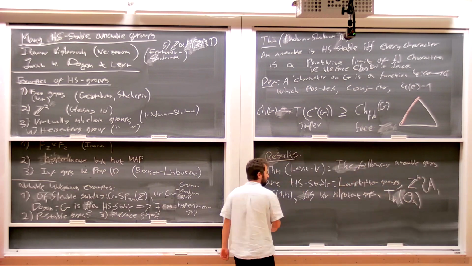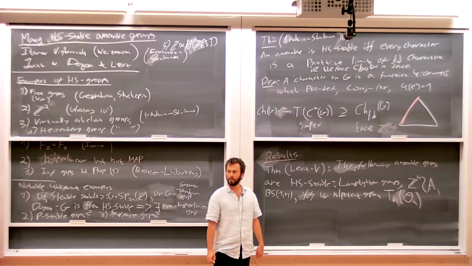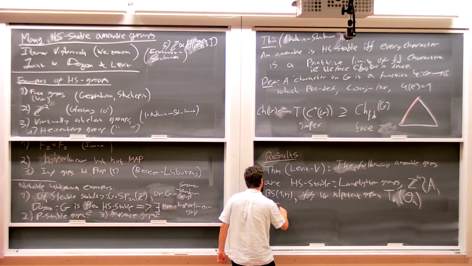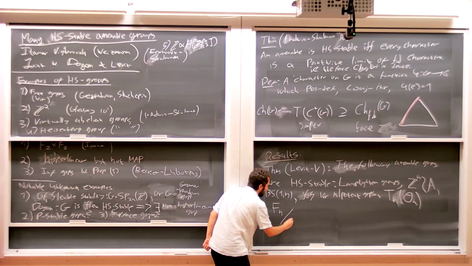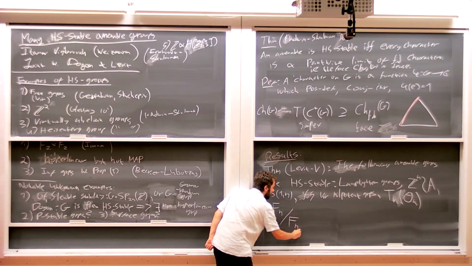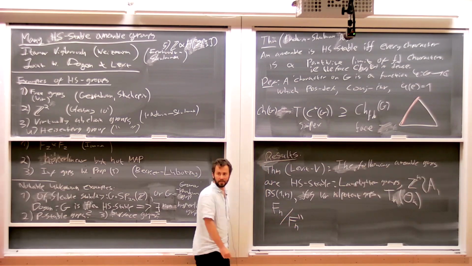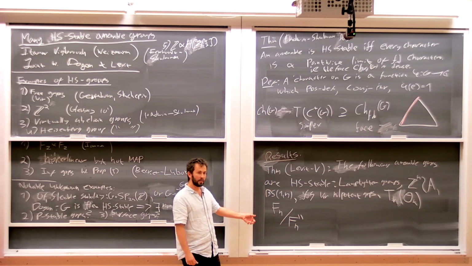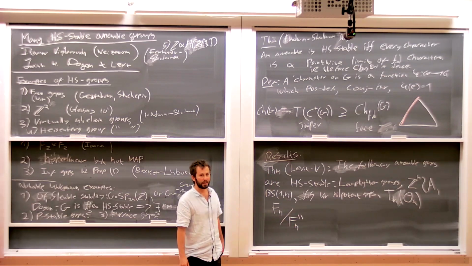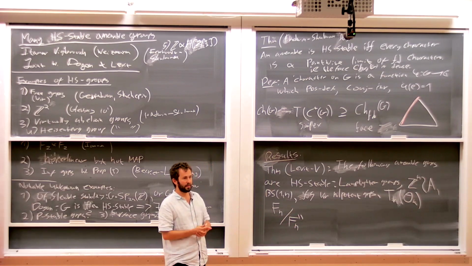Another maybe interesting example is the free metabelian group. The free metabelian group is, you take the free group and you want to make it metabelian, so you take its derived subgroup and then you take again its derived subgroup and you quotient by it. This is the universal metabelian group generated by n elements.